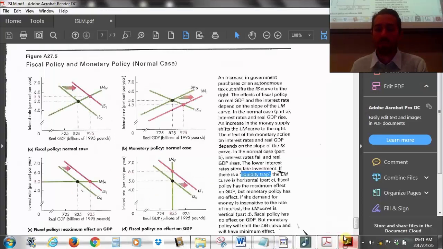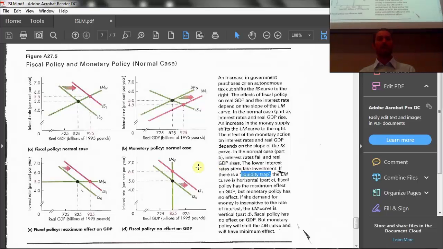What I was illustrating earlier, however, is that if you have a situation where your LM curve is flat, which corresponds to a flat money demand curve, so you have something called a liquidity trap, in fact your monetary policy is totally ineffective anyway. In which case, it's better to use fiscal policy to try and increase output.